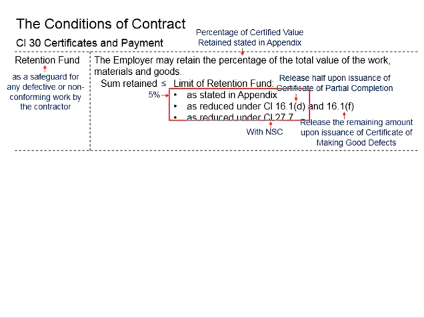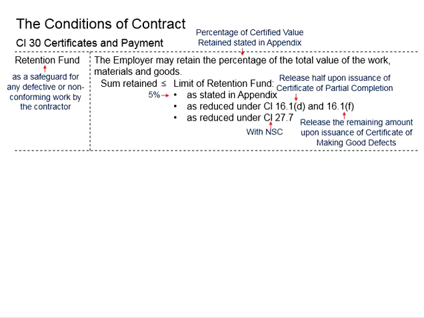This limit is governed by 3 conditions. The first one would be that 5% as stated in the appendix. That will be the maximum amount that can be retained by the employer.